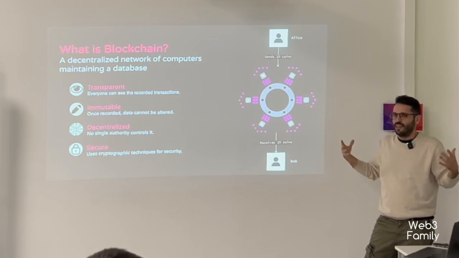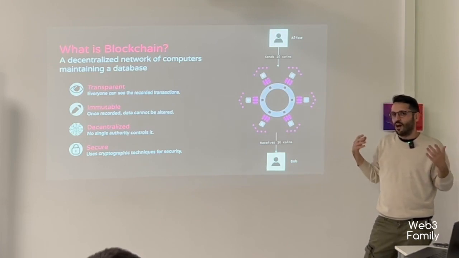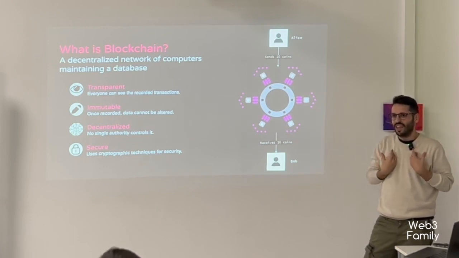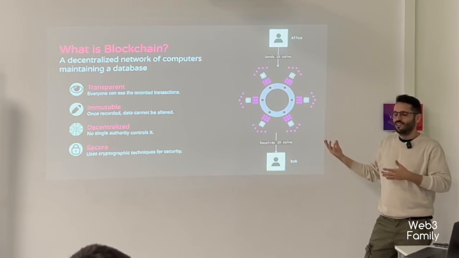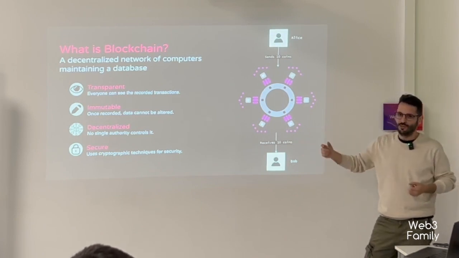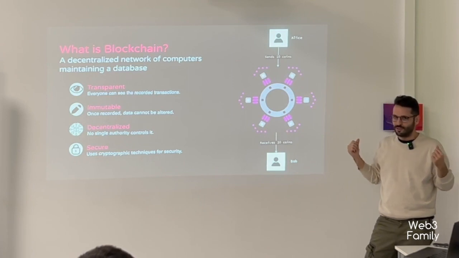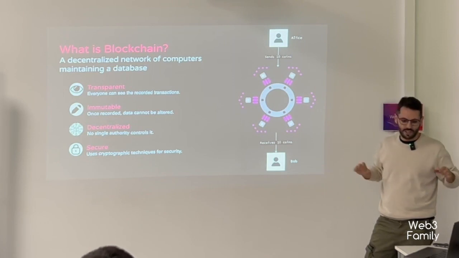And how can everyone join the network and produce work? Because it's secured by cryptography. That's why you don't need someone behind it: you have cryptography to sign the messages, verify them, and check that everything is working.